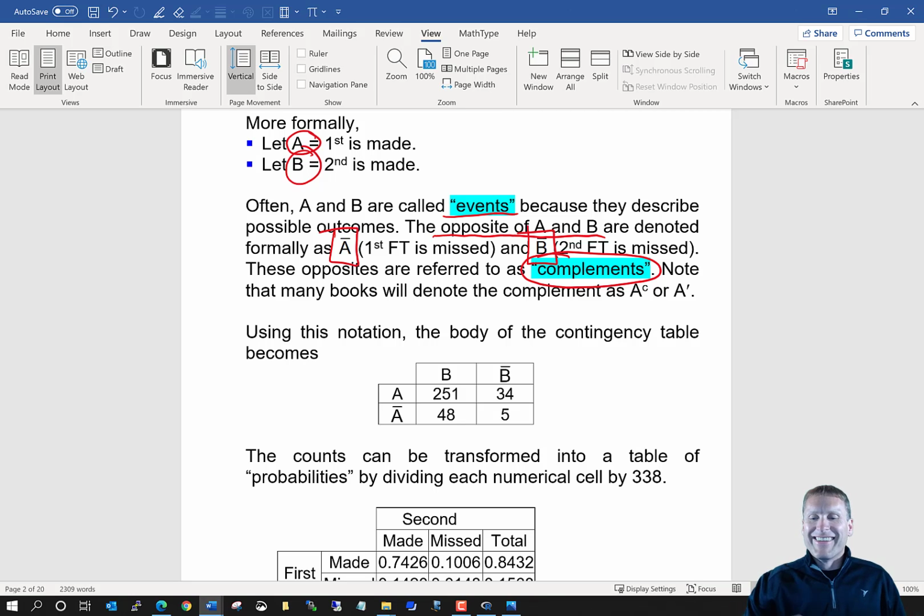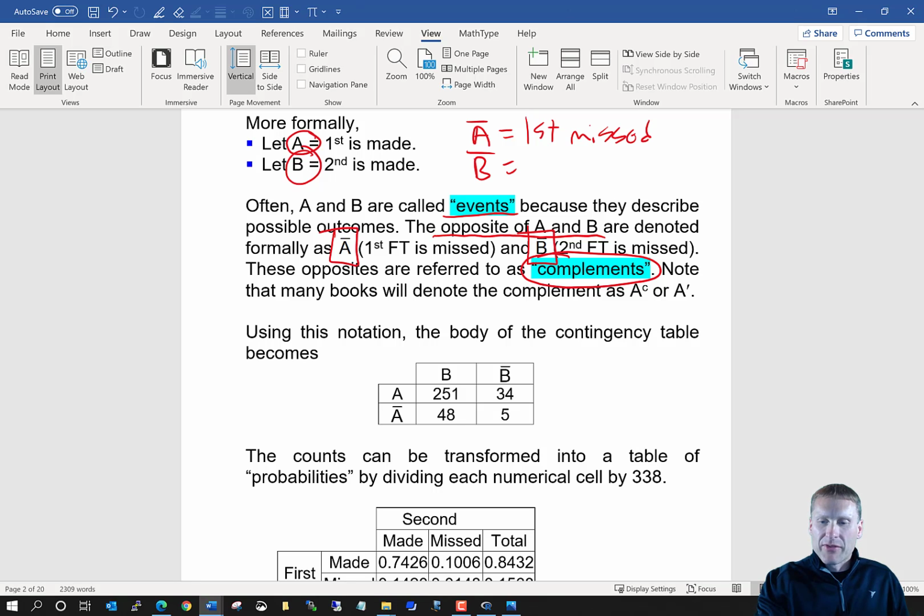B bar is going to denote that the second free throw is missed, and that is the opposite of B, the second free throw is made. So let's just make sure that I said that right here. A bar is first missed, and B bar equals second missed.